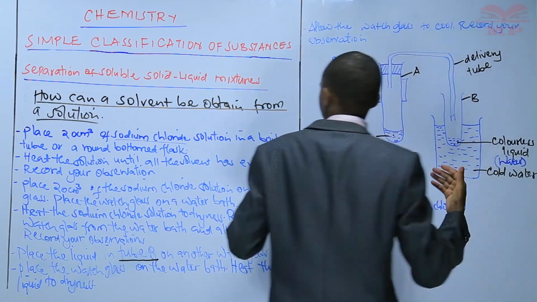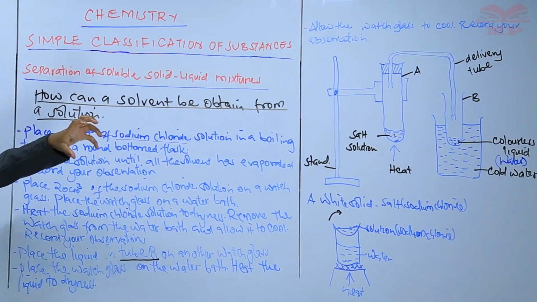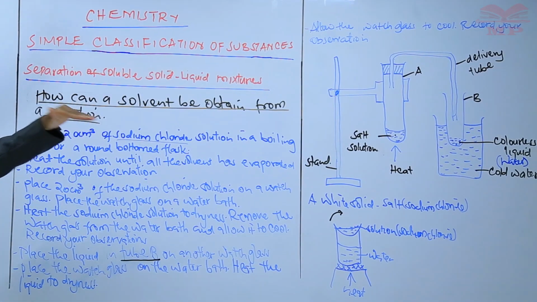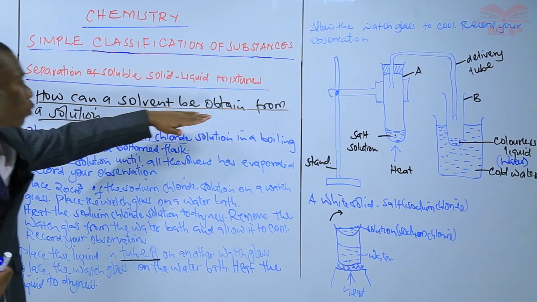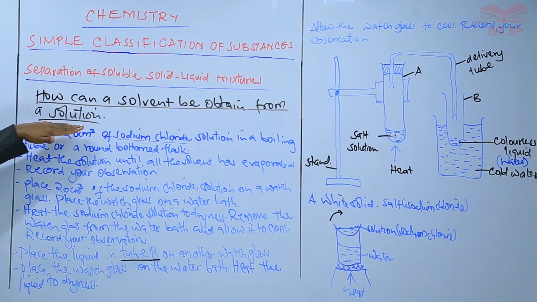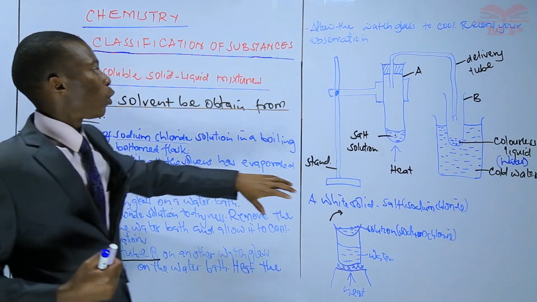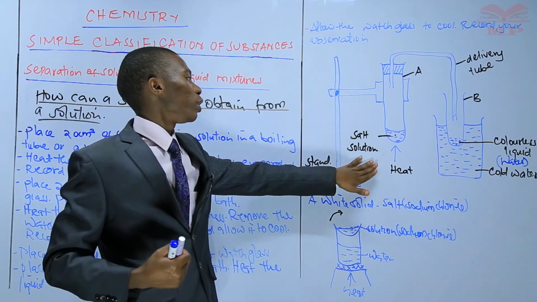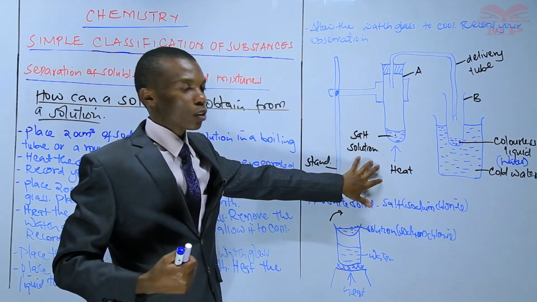Then remember, our point of concern is how you are able to separate a solvent from a solution. And using this method, it is possible. We had a solution, a salt solution, and this salt solution is sodium chloride solution.